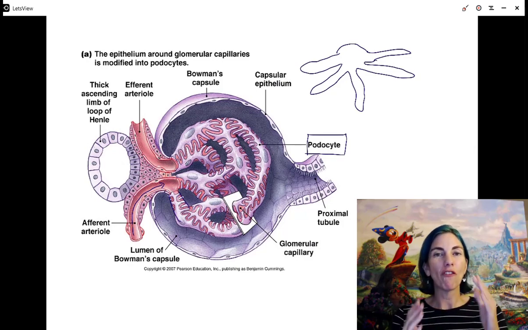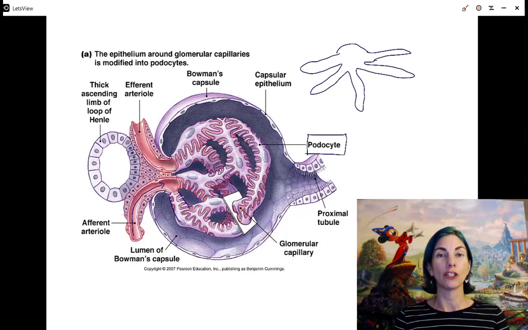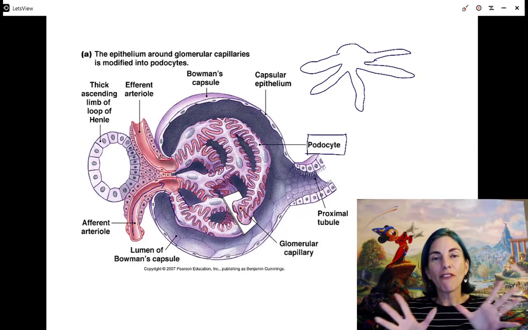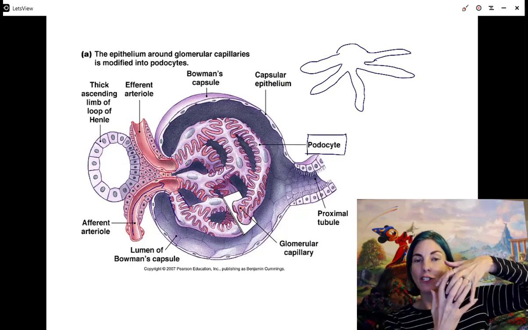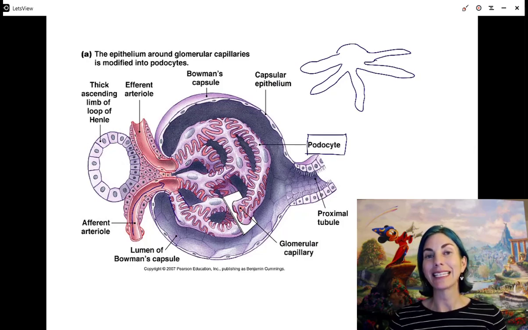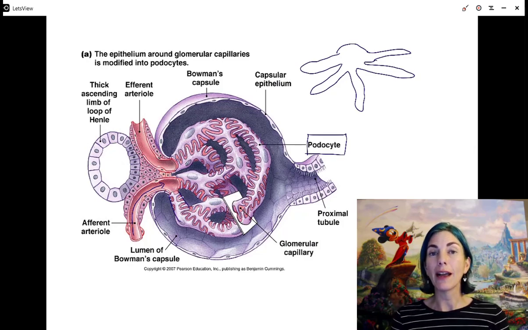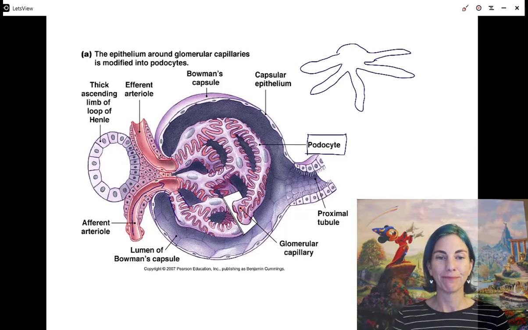So if we think about filtration, we can almost think of filtration in layers. And in fact, there's going to be 3 layers that we need to concern ourselves with. And podocytes are certainly one of them. So it's the fact that they take these cytoplasmic extensions and wrap them around and kind of do this, and they create little slits that stuff has to get through. That's going to create another sieve for us to kind of help keep the bigger things back.